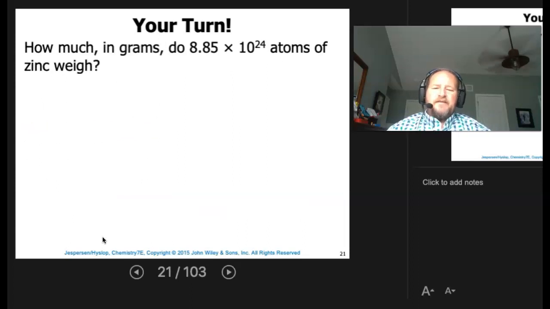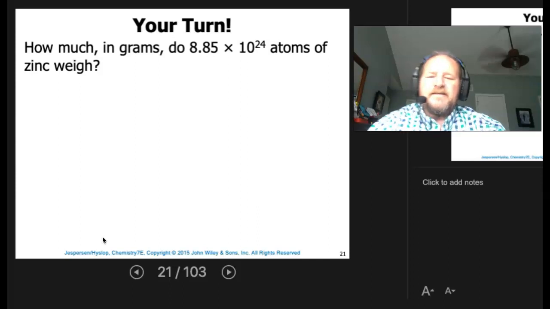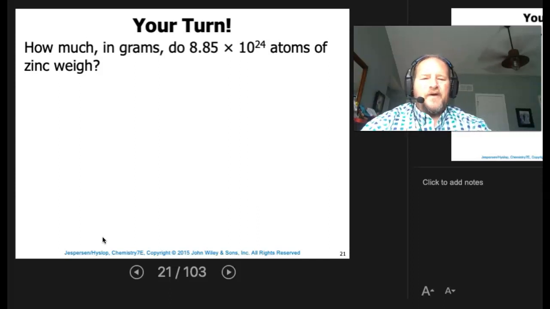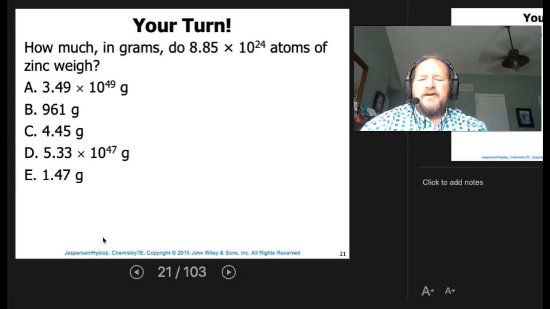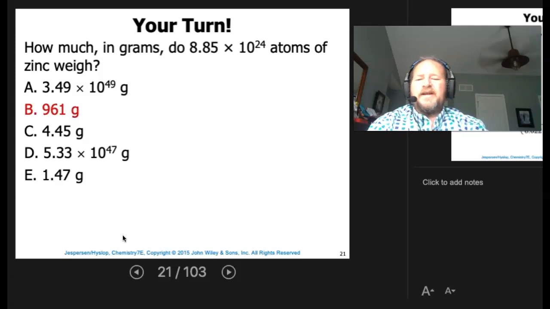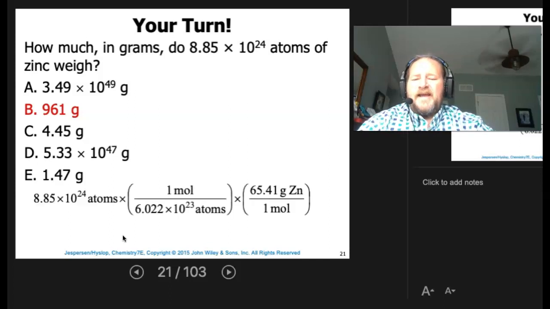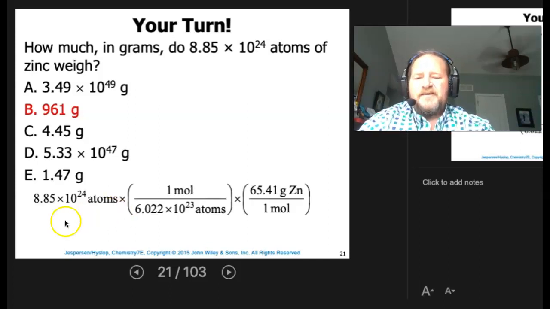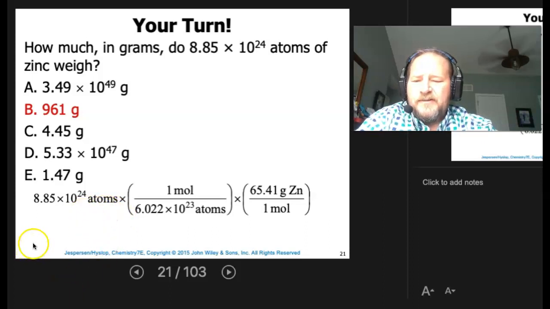How much in grams do 8.85 times 10 to the 24 atoms of zinc weigh? And there are your options. All right, so here we get 961 as our answer. We're going to take that 8.85 times 10 to the 24th atoms, so we're in particles.